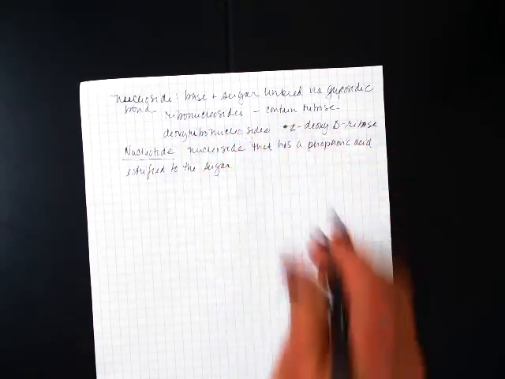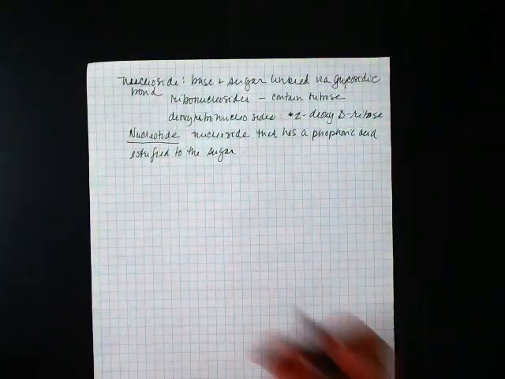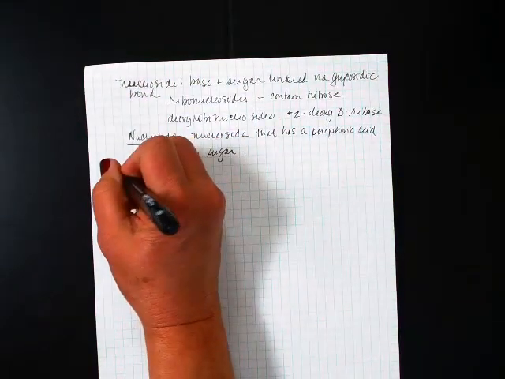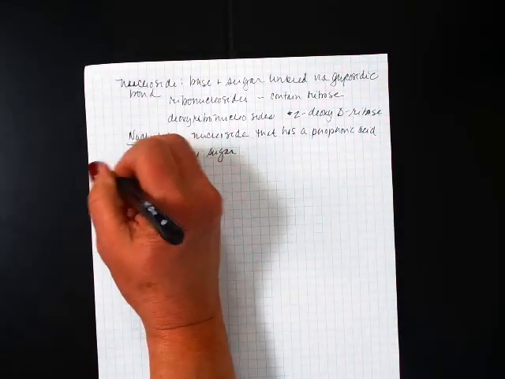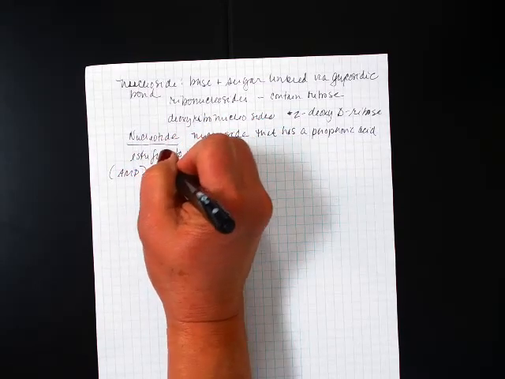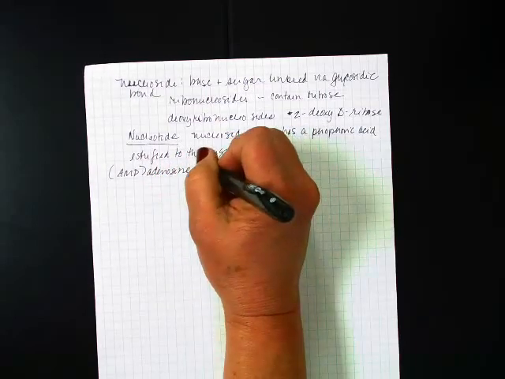So we're going to start with AMP, which is adenosine 5' monophosphate.